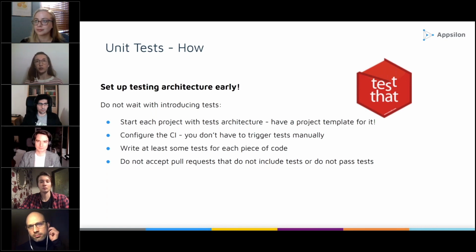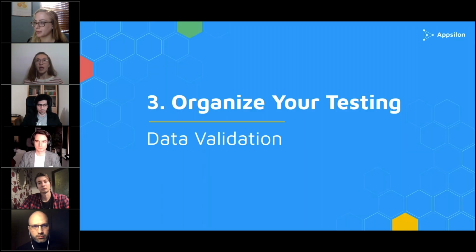You also know that you can use continuous integration to trigger the tests automatically, so you don't have to do it manually. And please write at least some tests for each piece of code, and it will be easier to expand them later. And obviously keep your standards high, so do not accept pull requests that don't include tests or actually break them.